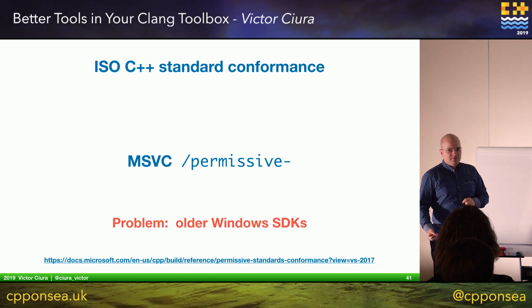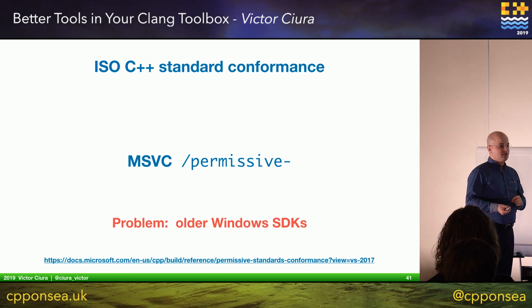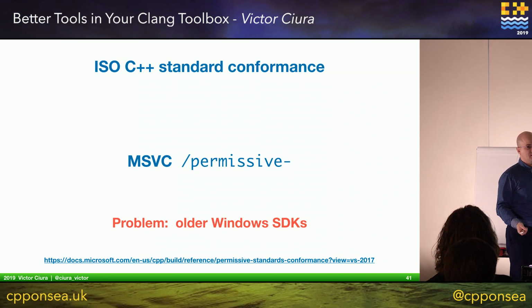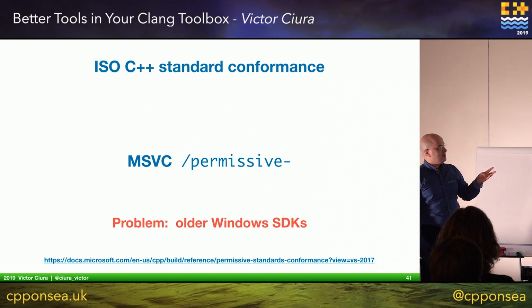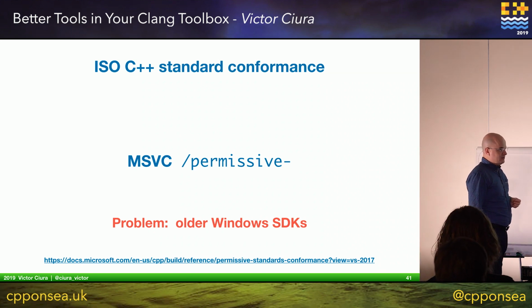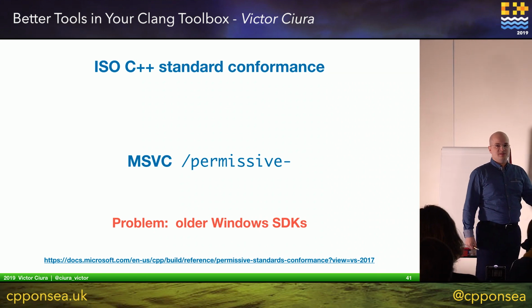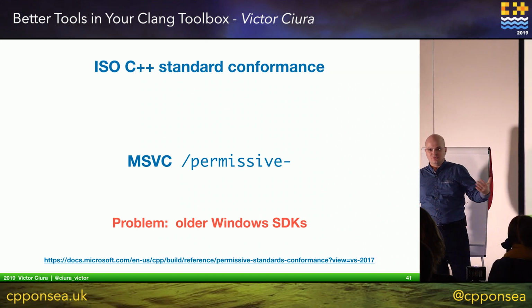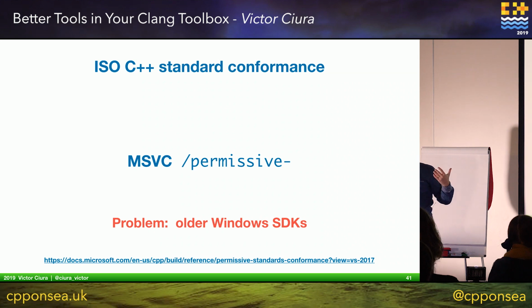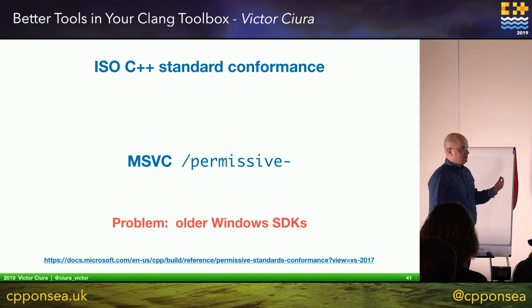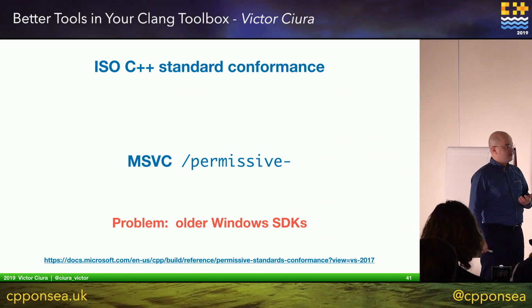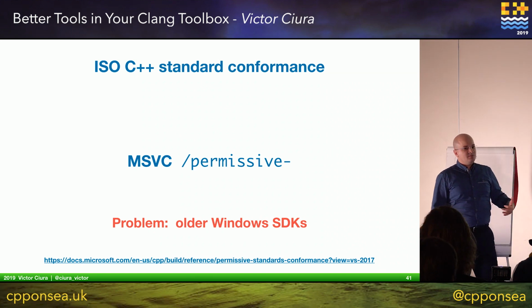But there is a problem. It's not straightforward. You cannot flip this switch and have it automatically work, because if it did, they wouldn't ship two compilers. The problem is older Windows SDKs. They had problems themselves in the Windows SDK that used non-standard constructs and leveraged some language extensions, and they fixed them in all the modern versions of the Windows SDK.